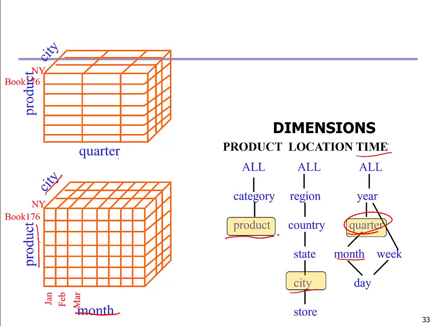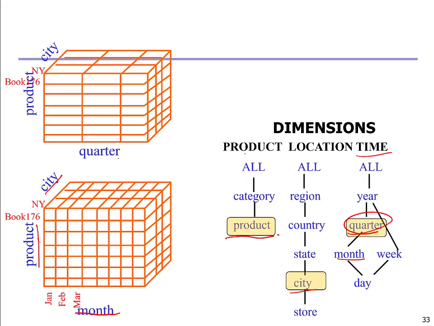So this is one case of the roll up, and another case is we call it dimension reduction. Say now we have 3 dimensions: product, location, and time. We can actually remove this time dimension, right?